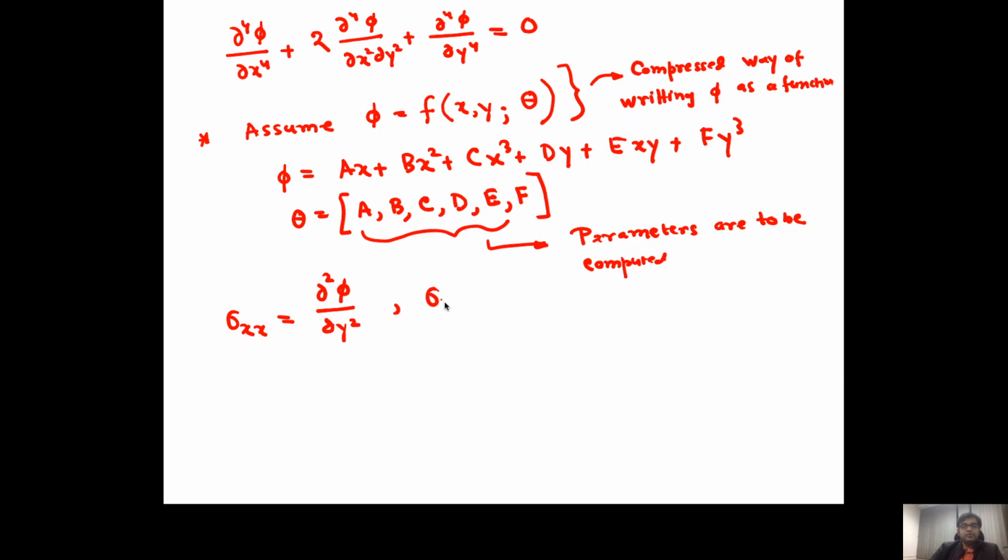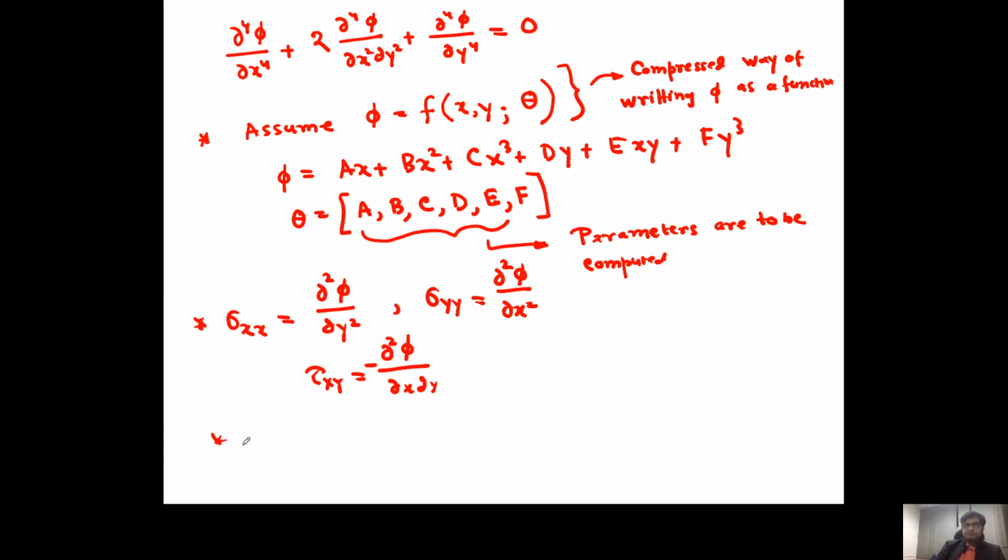We can find out sigma yy, which will be del 2 phi by del x2, and we can find out tau xy, which will be del 2 phi by del x del y, and there is a minus sign. So we will compute the stresses. So this will become the second step.